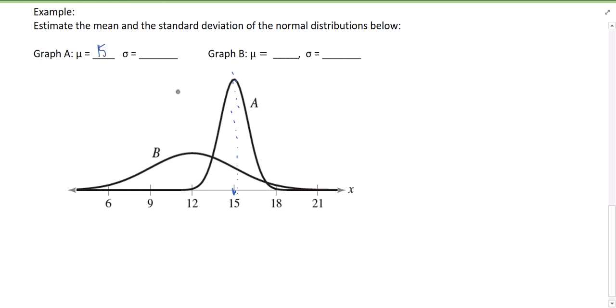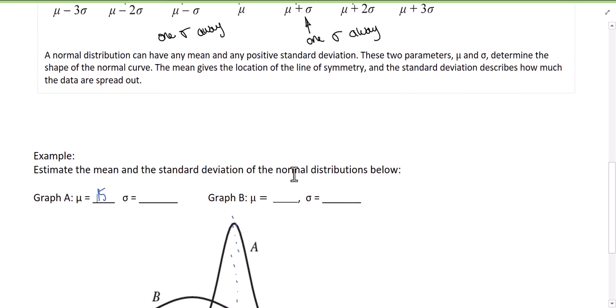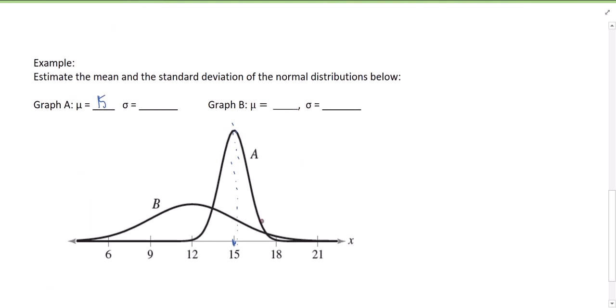And what about the standard deviation? Now the standard deviation, as we discussed up here, is where that inflection happens, where the curvature changes. So essentially you're looking at the curve, and you see, okay, right around there it looks like it's changing. So that is close to 18.